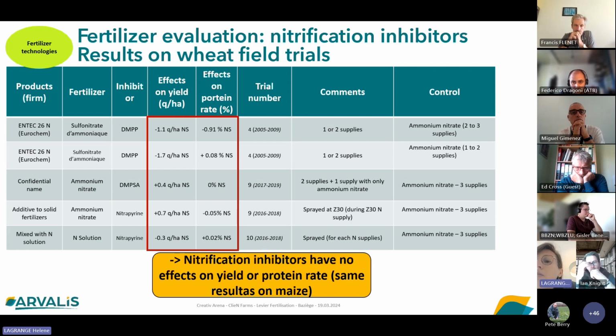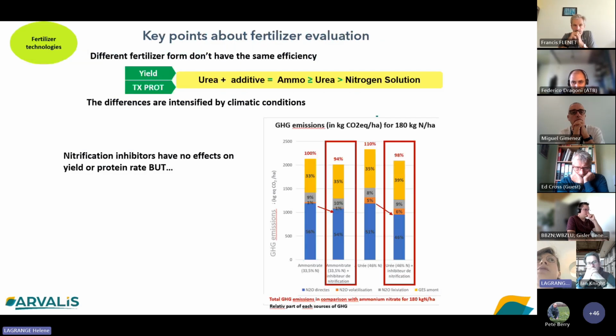And as a conclusion on the use of different types of fertilizers, we can see differences in the type and differences regarding yield and regarding protein content. So regarding the efficiency, we can say that urea plus the inhibitors, urea's inhibitors, is as efficient as ammonium nitrate, very close to urea, and better than nitrogen solution.